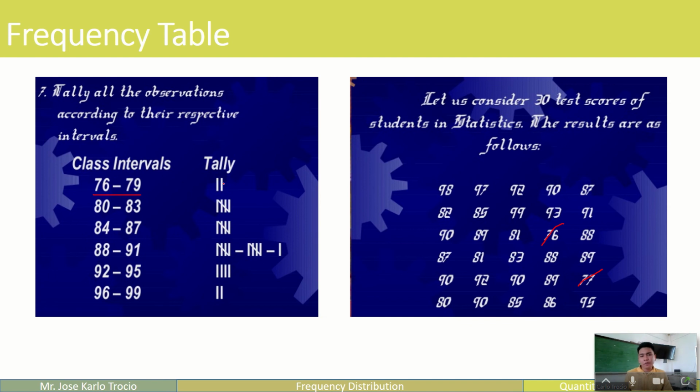So we are going to have 2. How about 80 to 83? We can find it here, and so on. You can easily locate as long as it is equal to 80 or greater than 80, up to 83. Okay. So let me erase the writings on the screen.